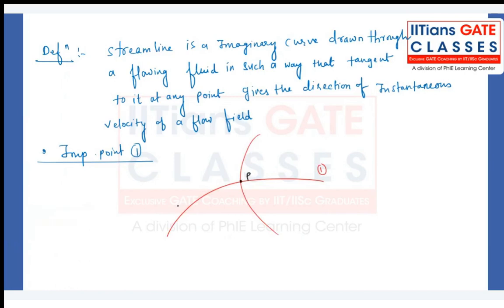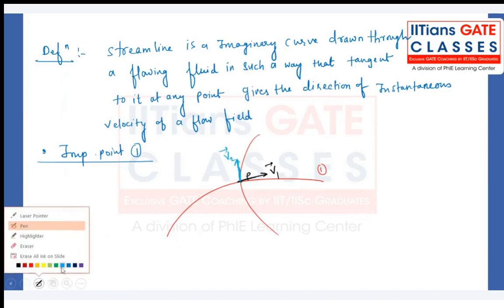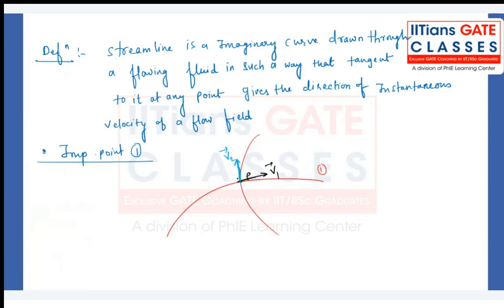No, because when you draw the tangent, you will have V1, and when you draw the tangent at the same point, you will have V2. At a point in a velocity flow field, any fluid particle passing through point P can have only one velocity value, right? It cannot have two velocities. So once again, two streamlines cannot cross each other.